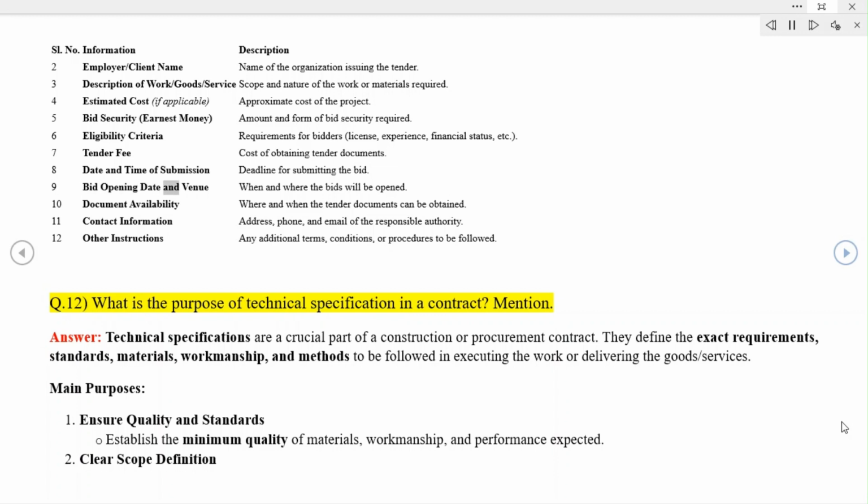Bid opening date and venue: when and where the bids will be opened. 10. Document availability: where and when the tender documents can be obtained. 11. Contact information: address, phone, and email of the responsible authority. 12. Other instructions: any additional terms, conditions, or procedures to be followed.